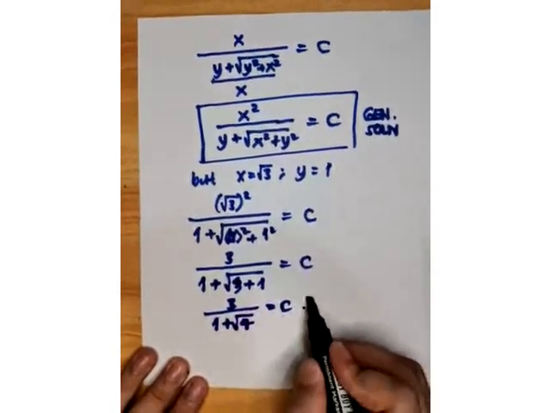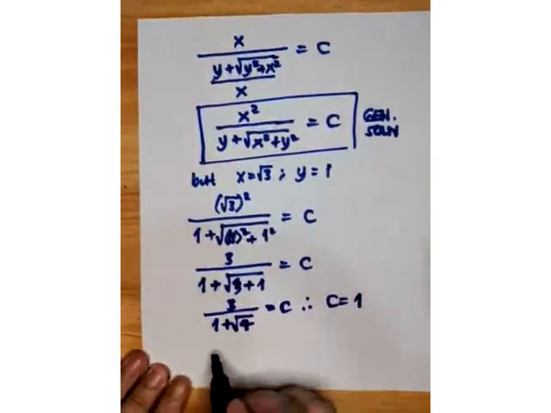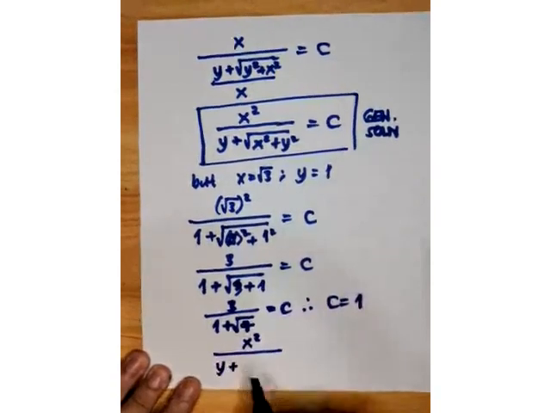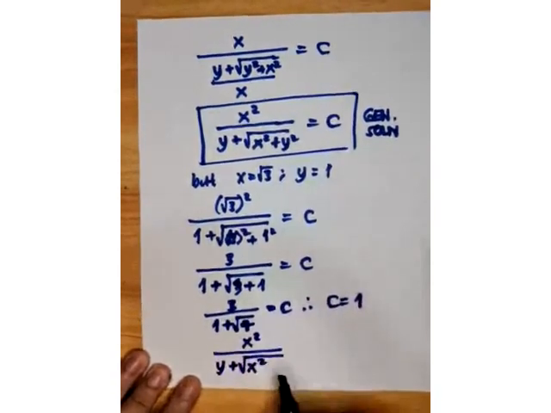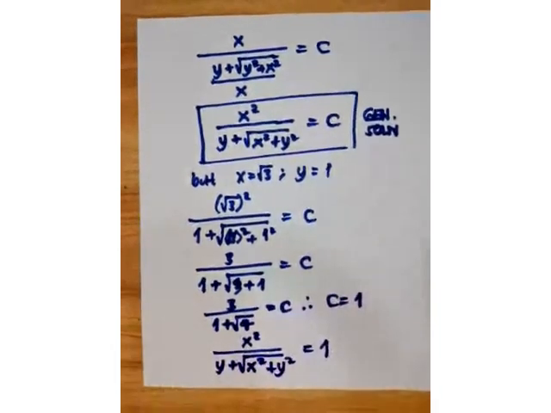This is C. So therefore, C is equal to 1. So that means the answer is x squared over y plus the square root of x squared plus y squared is equal to 1.